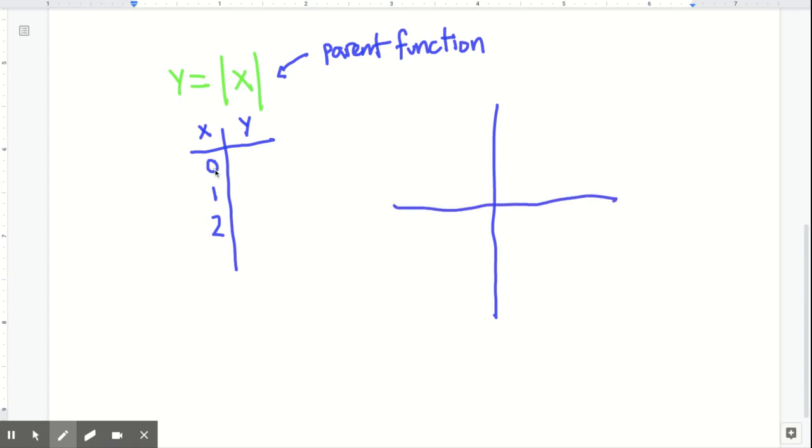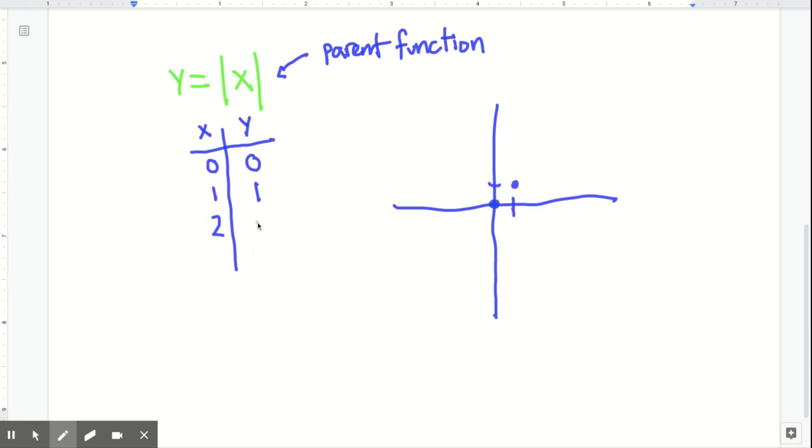If I plug a 0 in for x to this equation, the absolute value of 0 is 0. So the point 0, 0 is on this graph, and I can put a dot right there. If I plug in a 1, absolute value of 1 is 1. So 1, 1 is on this graph.